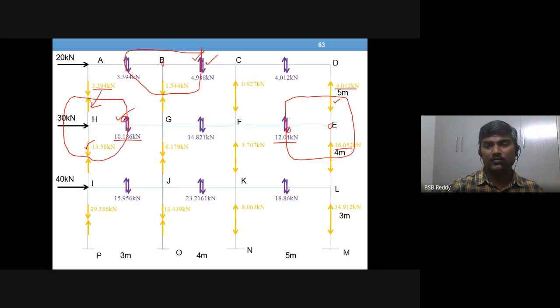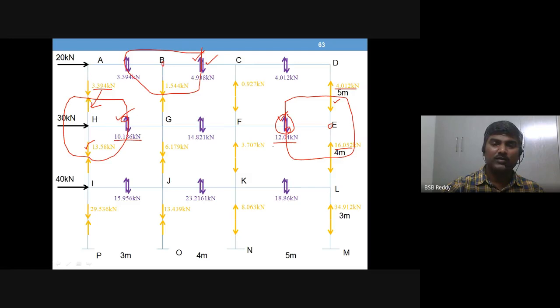So you see downward 12.04. The other half of the beam you have an upward arrow. So what does it mean? Left up, right down is positive shear.